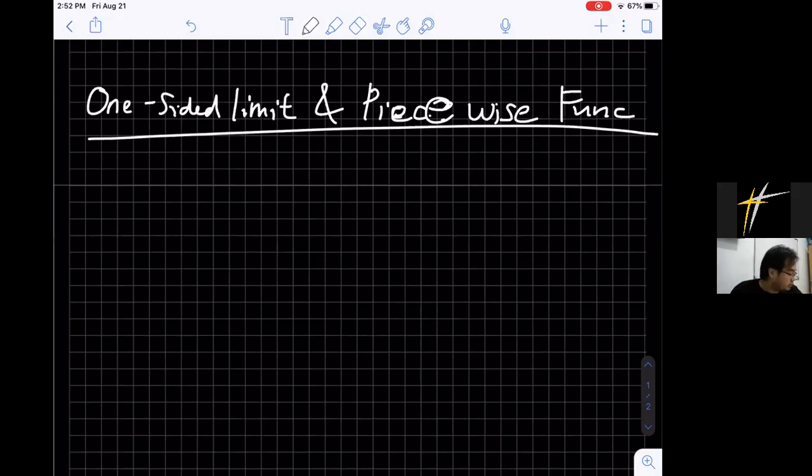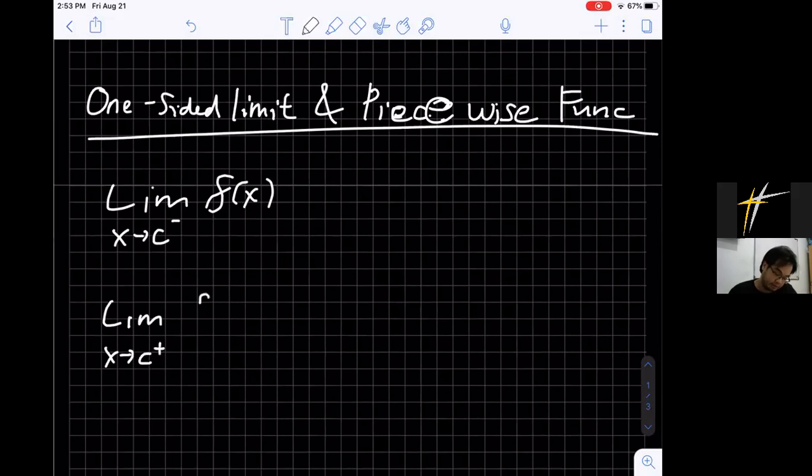So if you see page 48, the symbol is this one. The limit as x approaches c from the left, with a negative sign, of f(x), and the limit as x approaches c from the right, with a positive sign, of f(x).